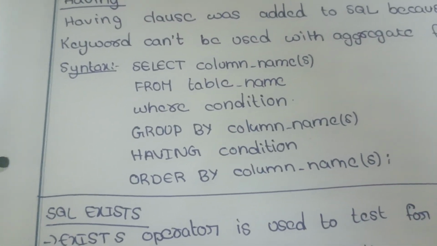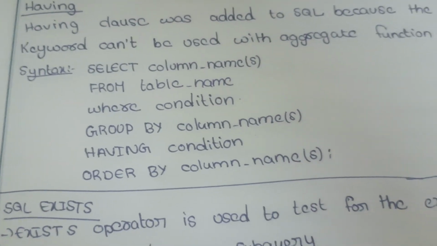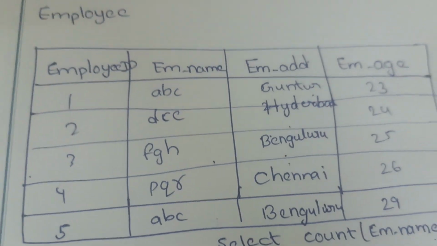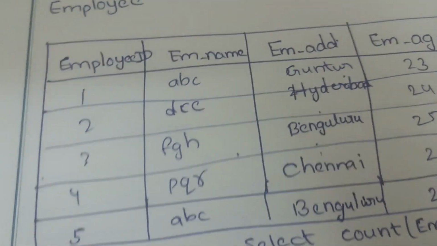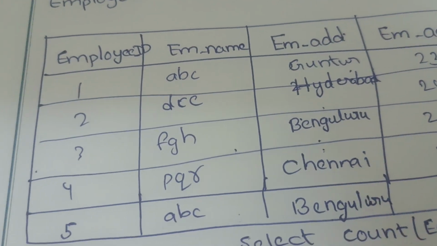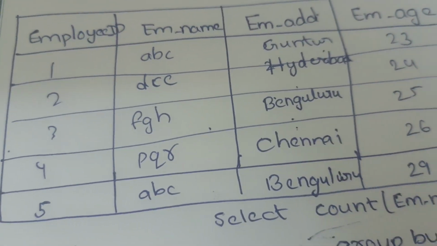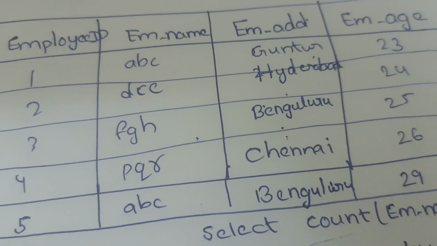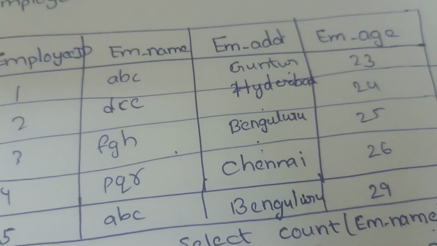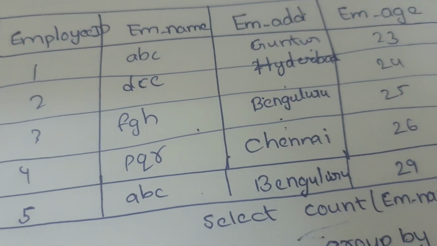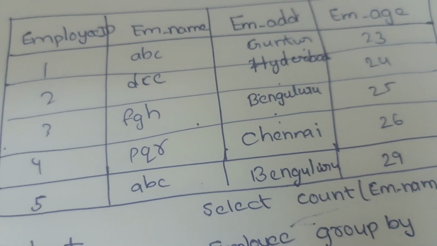Let's assume an example. Let us consider the same employee table, and the question is: get employee names whose address count is greater than 1.